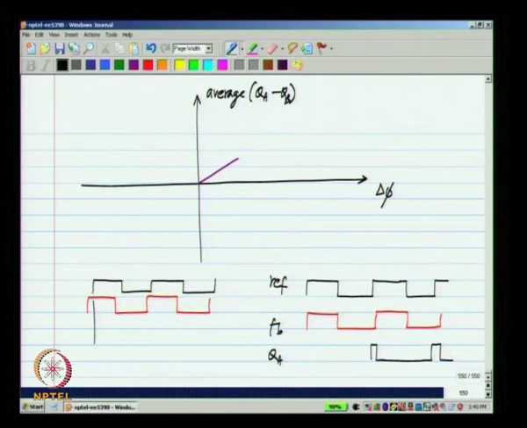So, the reference is leading feedback by delta phi, in this particular cycle. This is the reference, this is the feedback. Now, let us say the next cycle it leads it by some more and the edge appears over there. What happens?